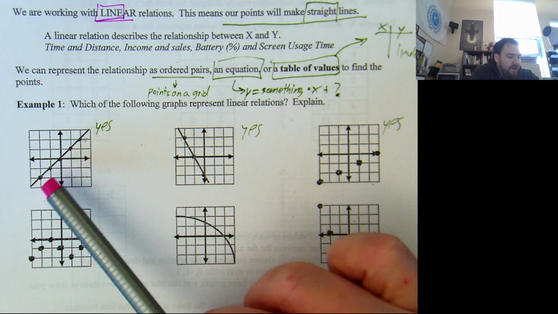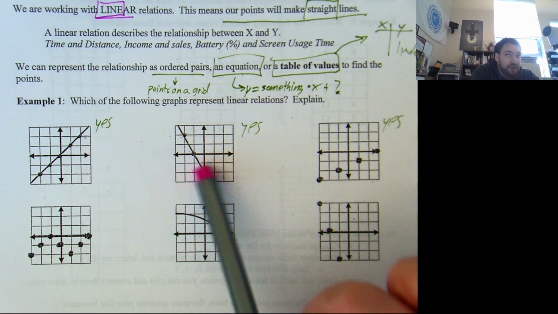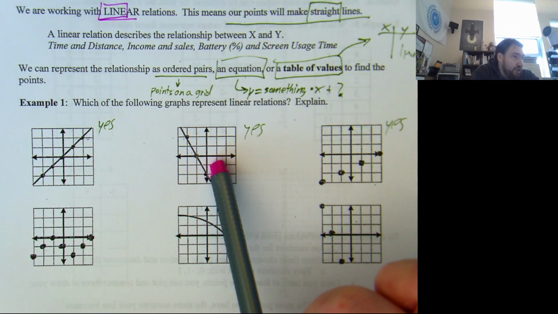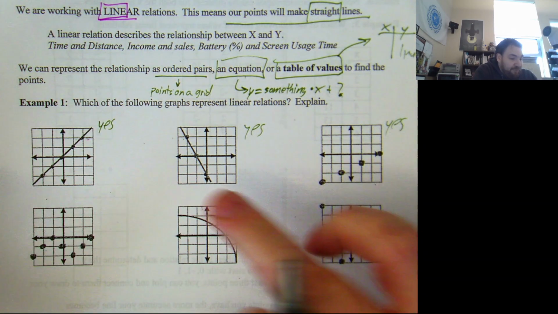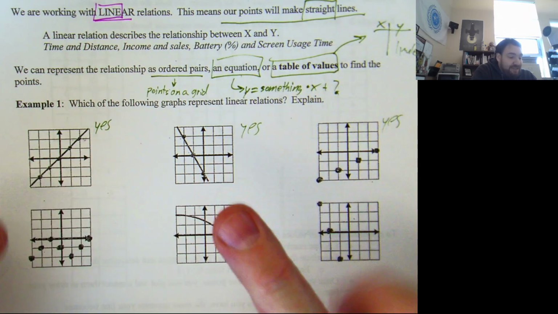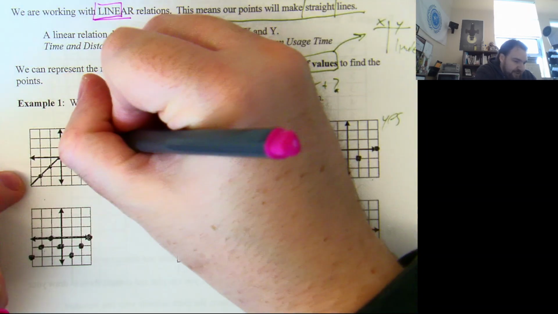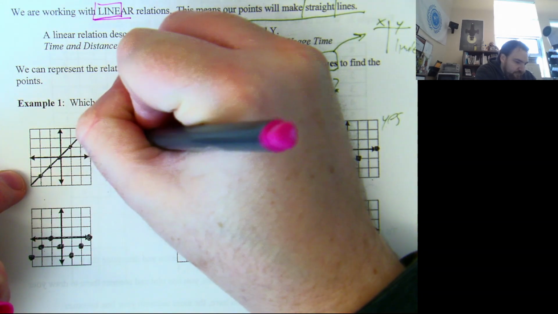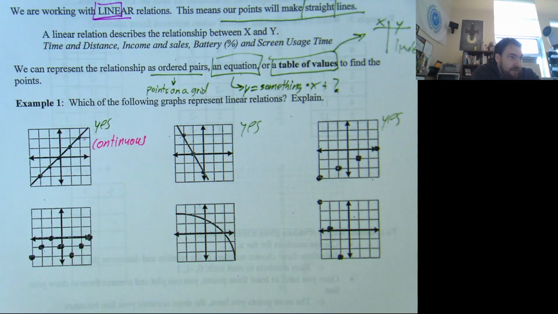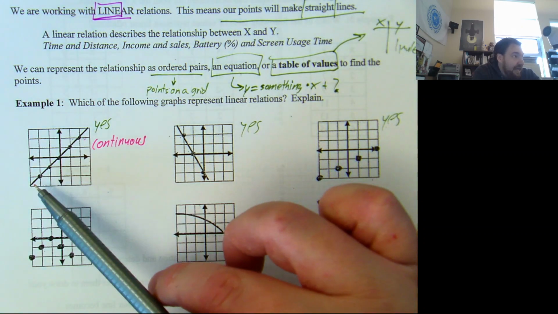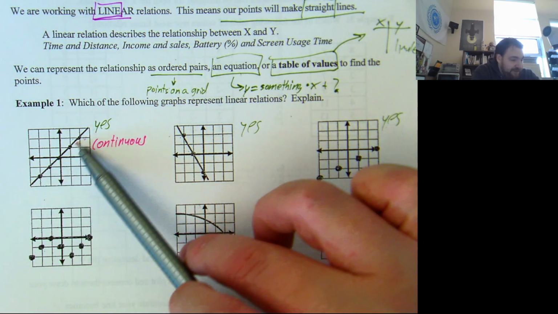These two have lines drawn through them already. So the language we use to differentiate these from this is that we say these two are continuous, because the line flows through all of the points.